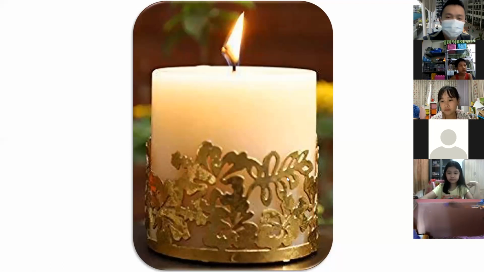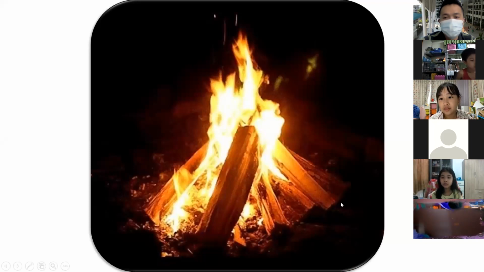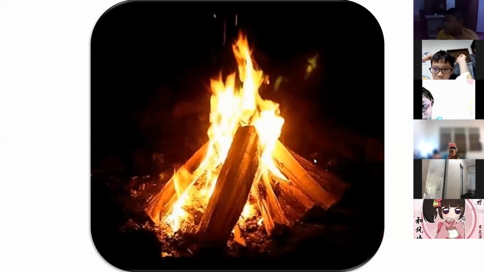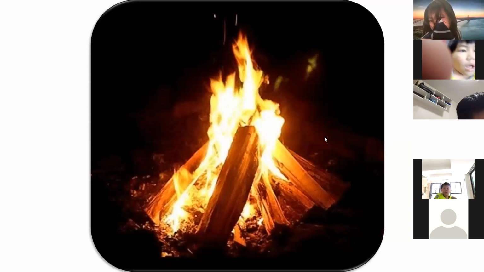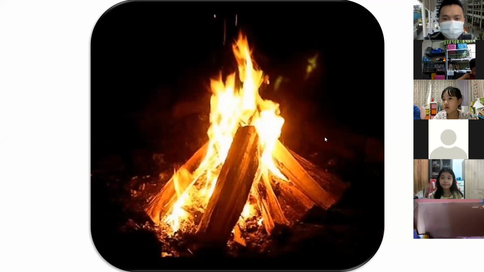What about the second picture? Is it an artificial light source or a natural light source? Who can answer? Who created this one?